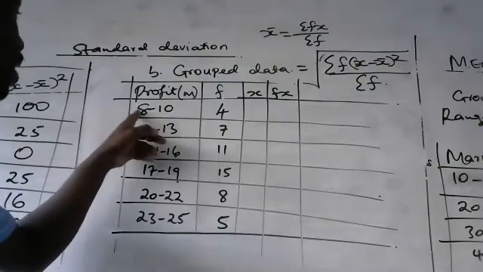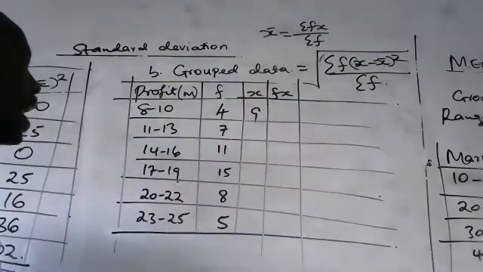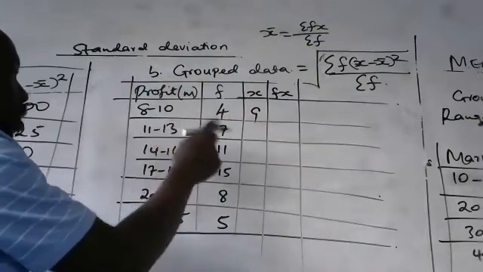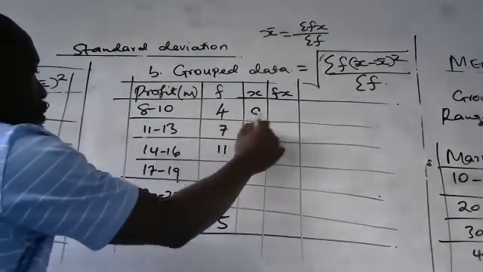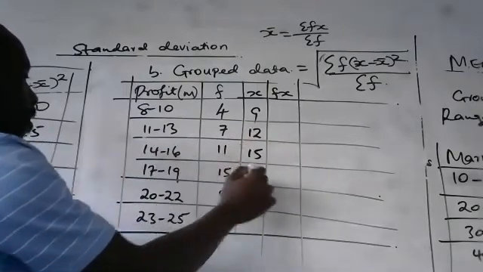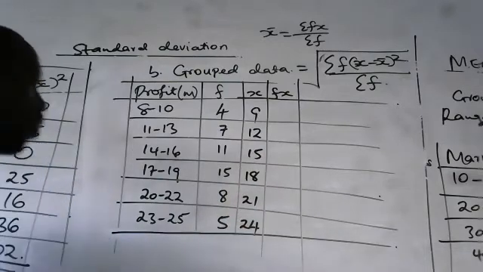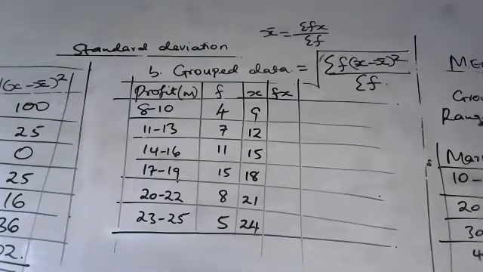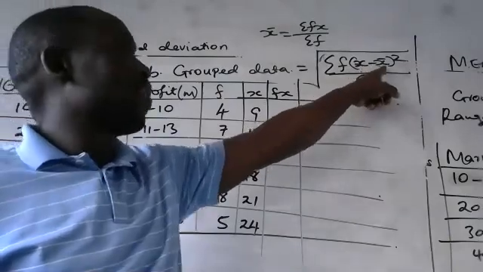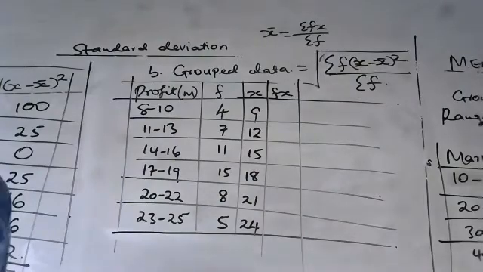So 8 plus 10 divided by 2 is 18 divided by 2, which is 9. 11 plus 13 is 24, divided by 2 is 12. 14 plus 16 is 30, divided by 2 is 15. Then 18, 21, 24. Those are the midpoints, x, and those are the values we will use when we go to x minus x bar.